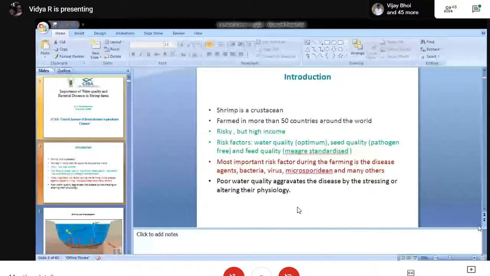Shrimp farming is very risky, but it gives high income. There are so many risk factors associated with shrimp farming, mainly which we can correlate to water quality. So far, it has come to a commercial level. The risk comes from the seed quality and the water quality.